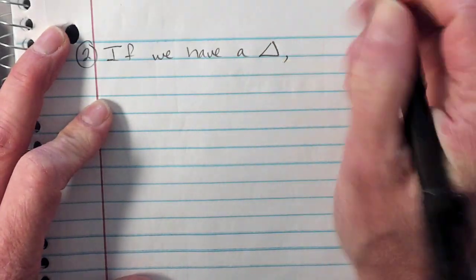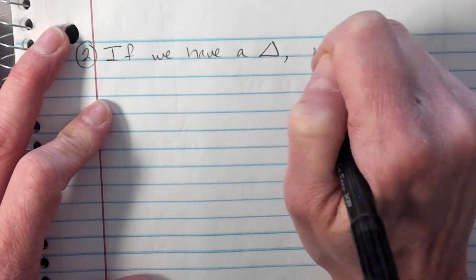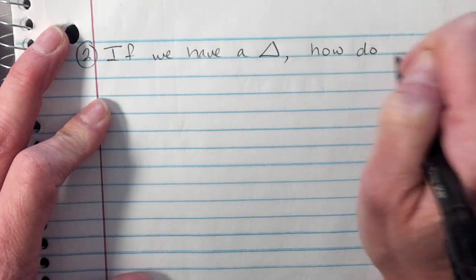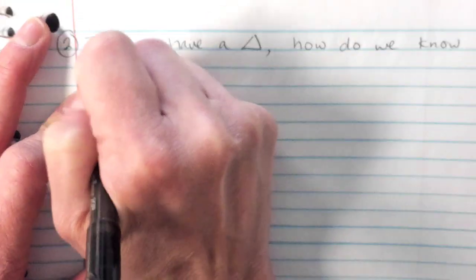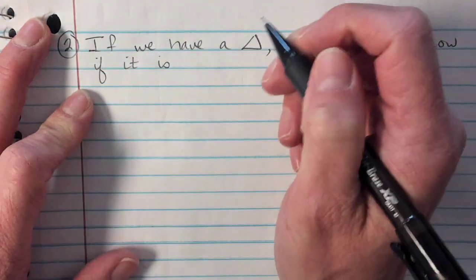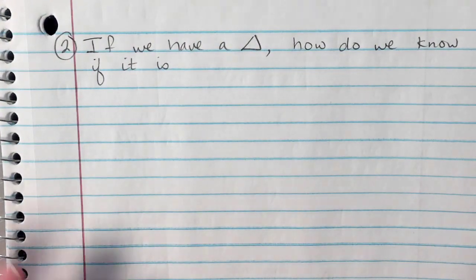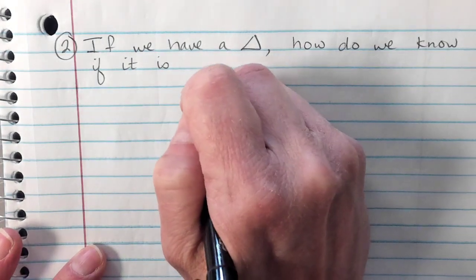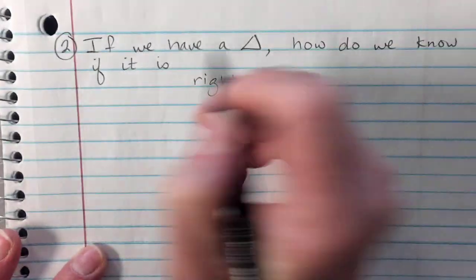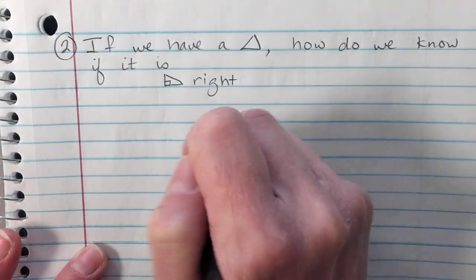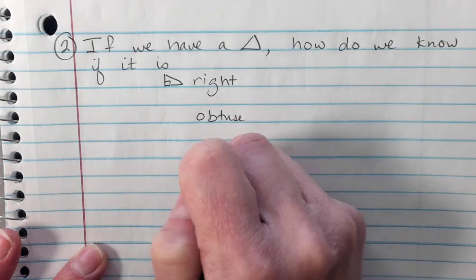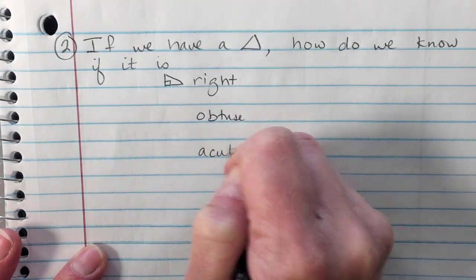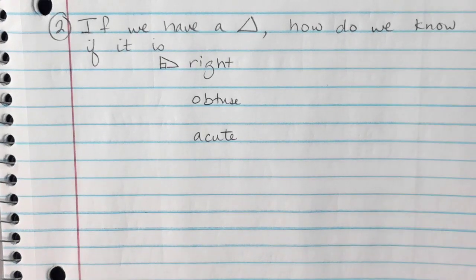If we have a triangle, how do we know if it is a right triangle, an obtuse triangle, or an acute triangle?